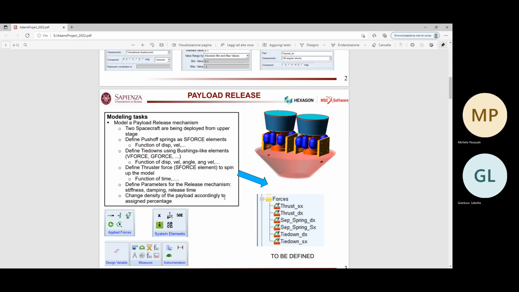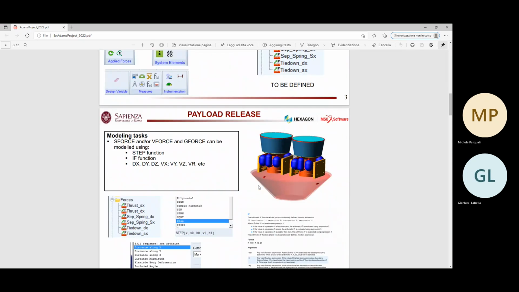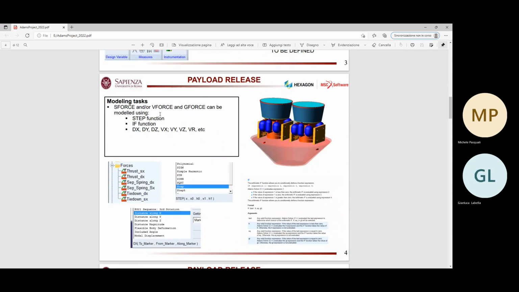So that eventually you will basically tune the model, okay? There is, again, a part of the assignment which requires the introduction of some of these modeling elements. You can, for example, use different strategies to model your elements, like the S-force: you can use a step function, an if function, whatever.